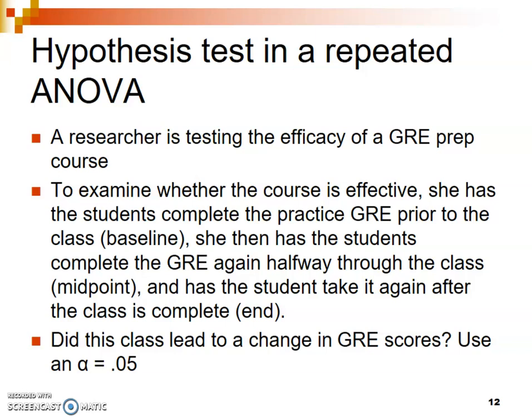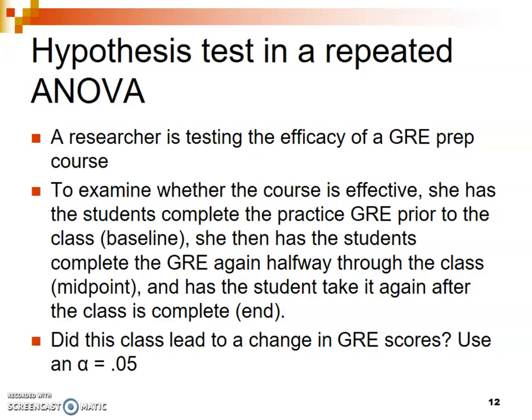And then the researcher has the students take the practice GRE again at the end of the class. And so we want to know if this prep class actually led to any changes in GRE scores. So it gives you an alpha level to use to test this hypothesis.